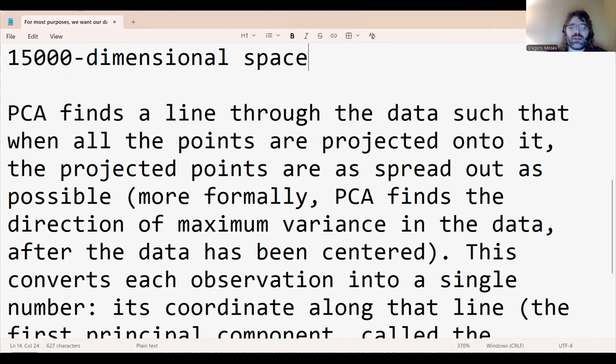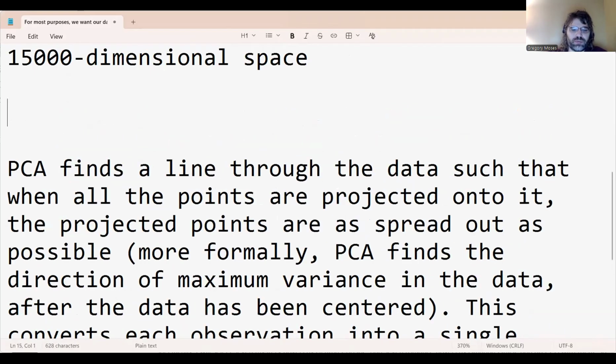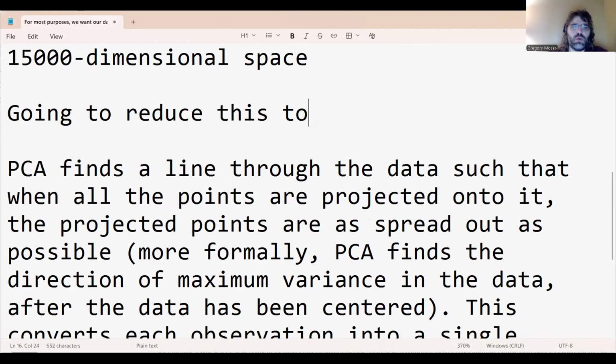You're in a high dimensional space, and we're going to reduce this to one dimension. How are we going to do that? Well, you can draw lines in 15,000 dimensional space.